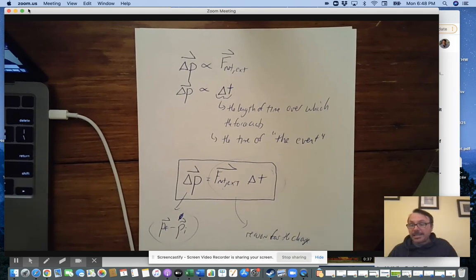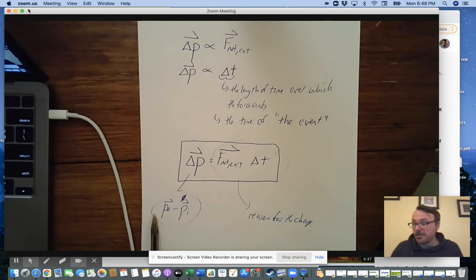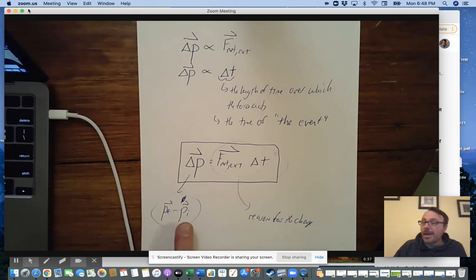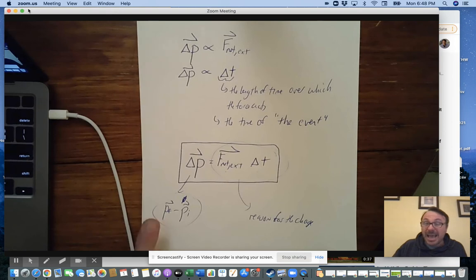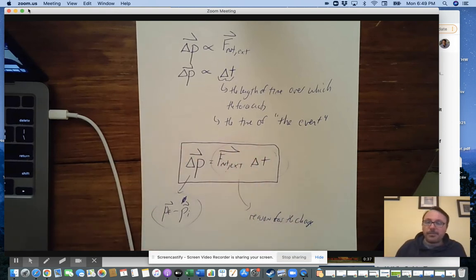And so that's the nice thing about this concept: I can find impulse by looking at something before an event and after an event and calculating it, or I can figure out what's going on by looking at what's causing the change, what the event actually is. And we're going to find out that there are events that are so complicated that it is easier to observe what happens before the event and after the event. And by knowing what's true before and after, I can figure out some things that happen during that event. And we'll talk about an example of that later.